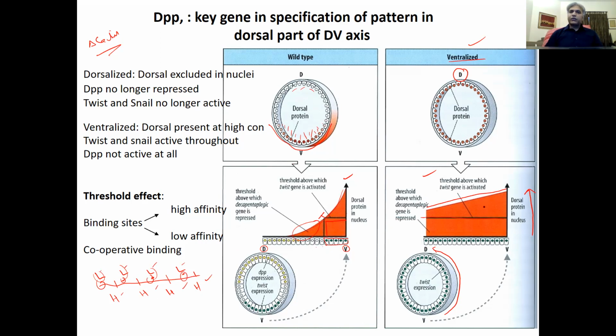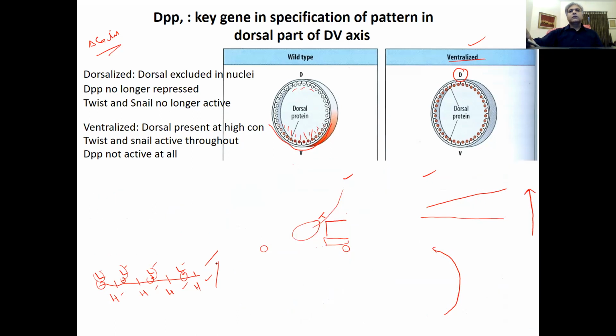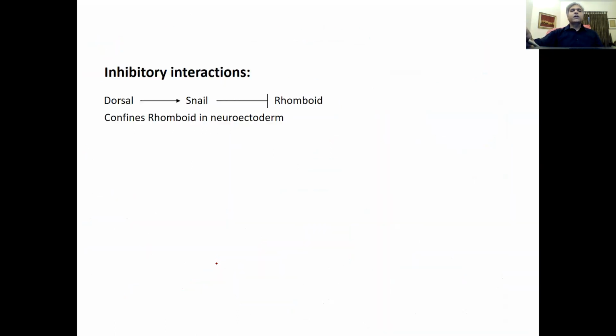Throughout, from ventral all the way to dorsal, you will have twist and snail being expressed, for example, and twist and snail will repress rhomboid, and the whole dorsal ventral axis is disturbed. Is it clear so far? Yes, sir. Okay.